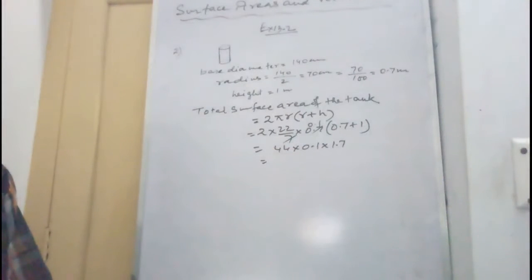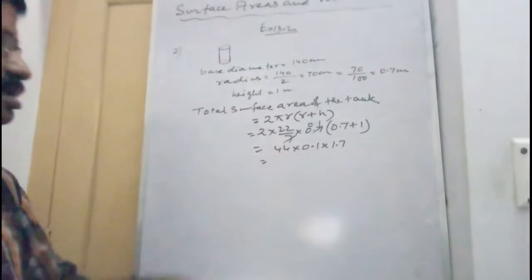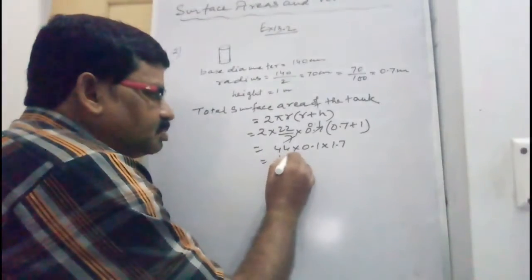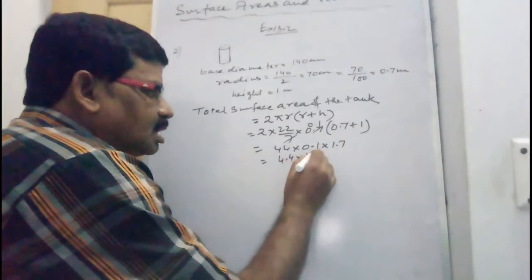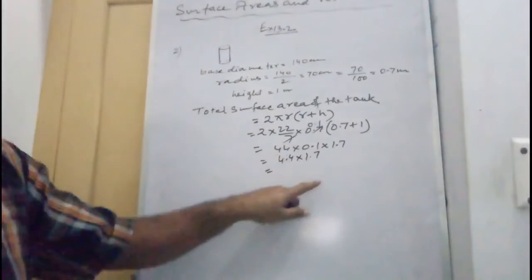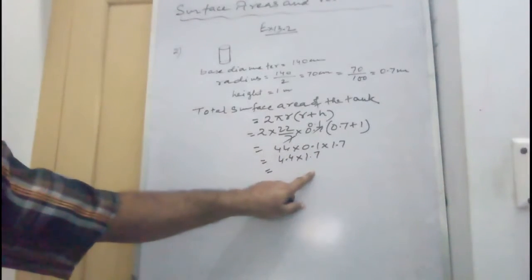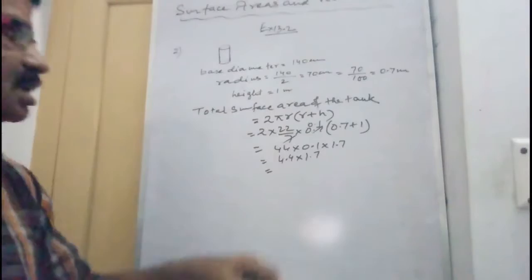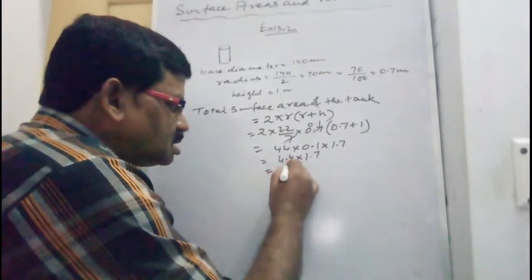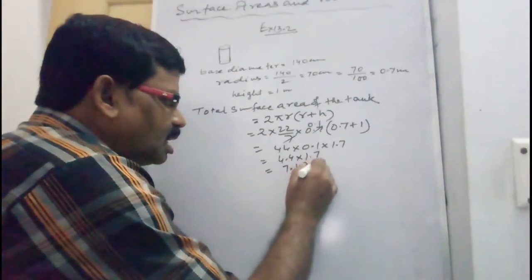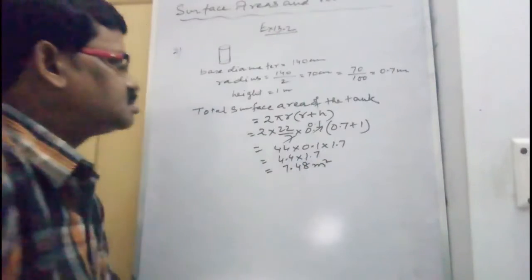Now multiply this by 4.4 into 1.7. Now multiply 4.4 with 1.7, that is equal to 7.48 meter square.